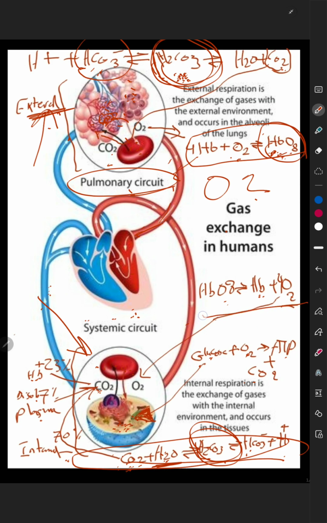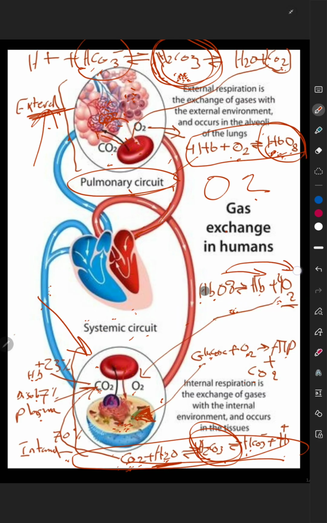While the process of breaking down the HbO2 in order to form Hb and oxygen, this process of dissociating the oxyhemoglobin, happens near the body cell in order to provide this oxygen for the body cells because they need it for aerobic respiration. So we say this reaction happens during systemic circulation, or during internal respiration.